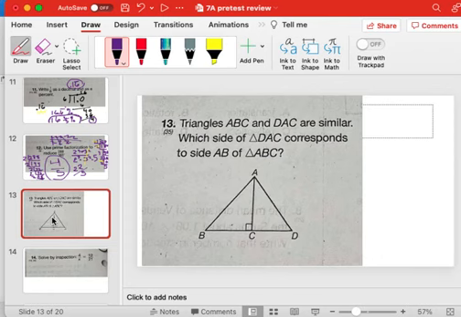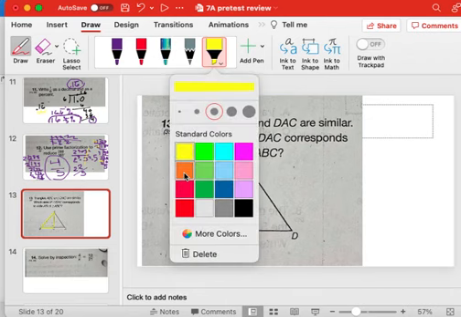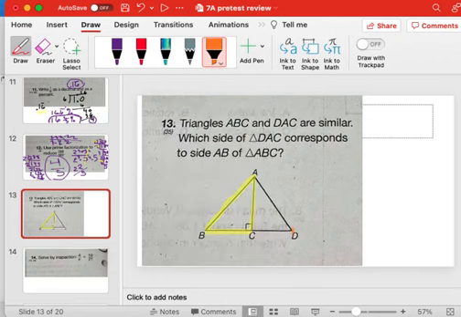All right, look at number 13. Triangles ABC and DAC are similar. Okay, so let's look at this. A, B, C, and we'll make this a little different. Okay, D, A, C are similar. What does similar triangles mean?